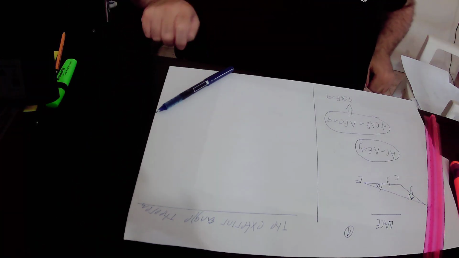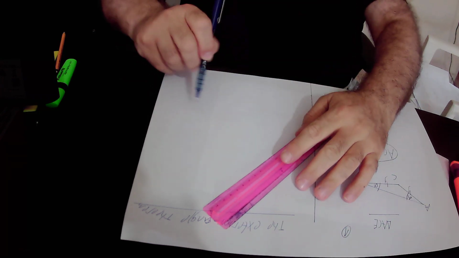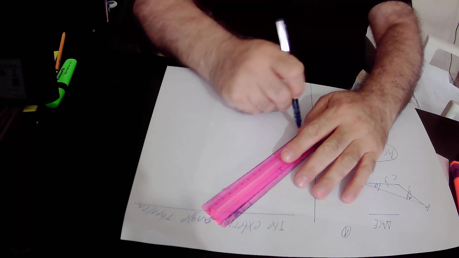So actually, if we have triangle ABC, that could be any triangle.